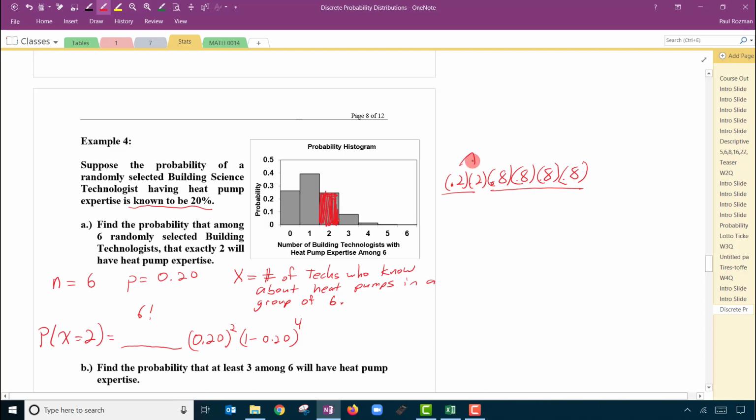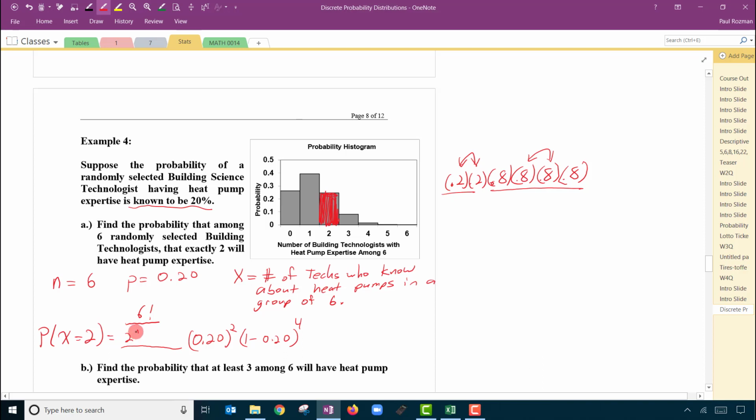So if, for example, I just swap these two spots around, it's the same result. Or if I swap these two spots around, it's the same result. But if I had the numbers 1, 2, 3, 4, 5, and 6, and I swap these two numbers around, then it's a different list of numbers. So we have to account for that by dividing this by the number of ways you can arrange the knowers.